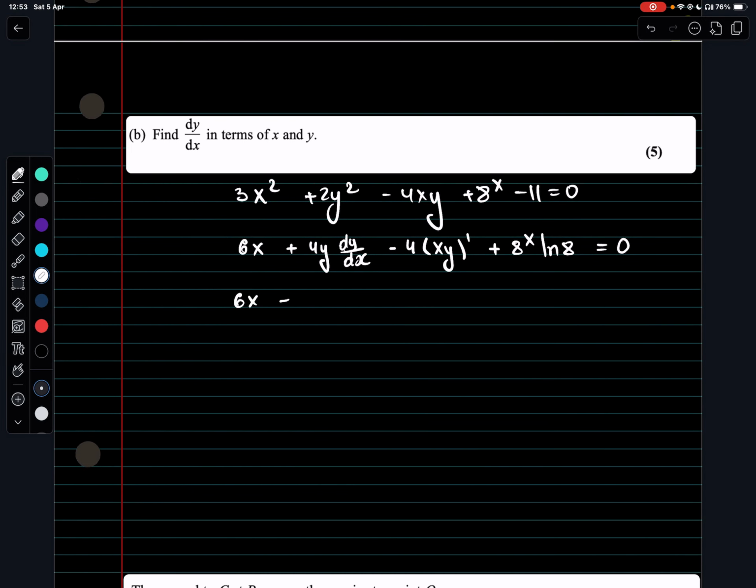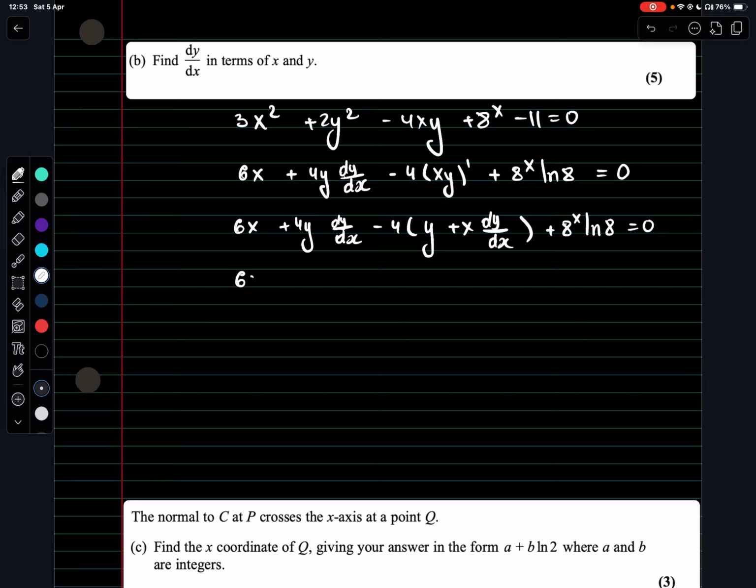So that's 6x plus 4y dy over dx minus 4 times the product: with respect to x is y, with respect to y is x dy over dx, plus 8 to the power of x ln 8 equals 0. That's 6x plus 4y dy over dx minus 4y minus 4x dy over dx plus 8 to the power of x ln 8 equals 0.